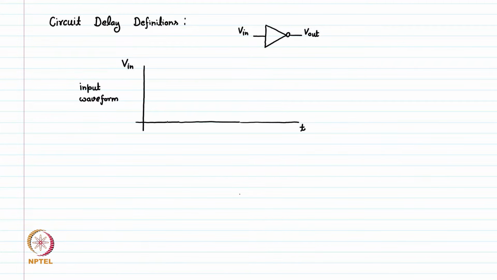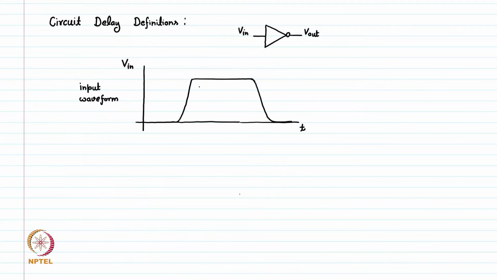When we apply a pulse in the time domain, this pulse is not an ideal pulse, it is a practical pulse. So it should have a certain rise time and a fall time. It slowly rises to a high value, stays high for a certain amount of time, and then goes down.